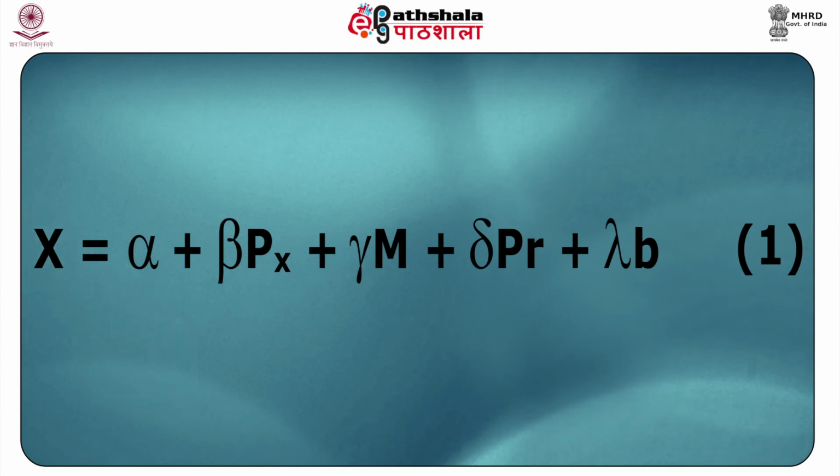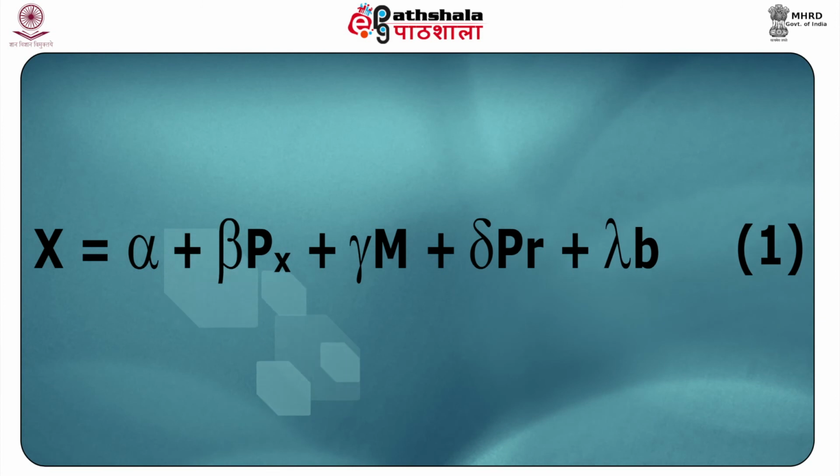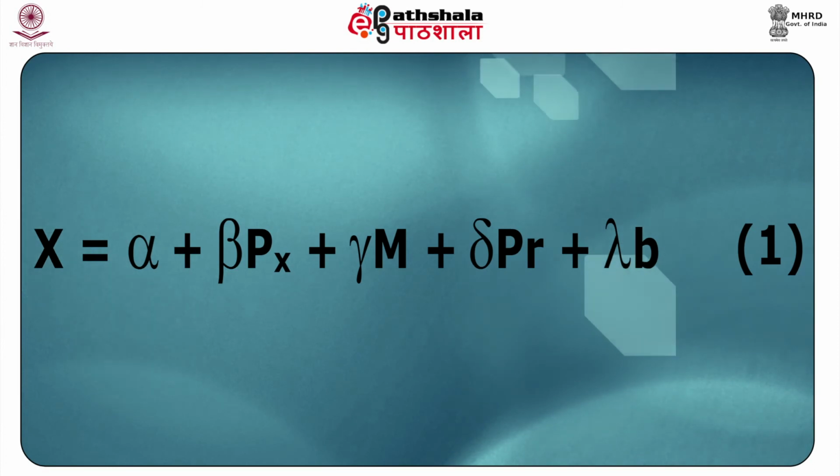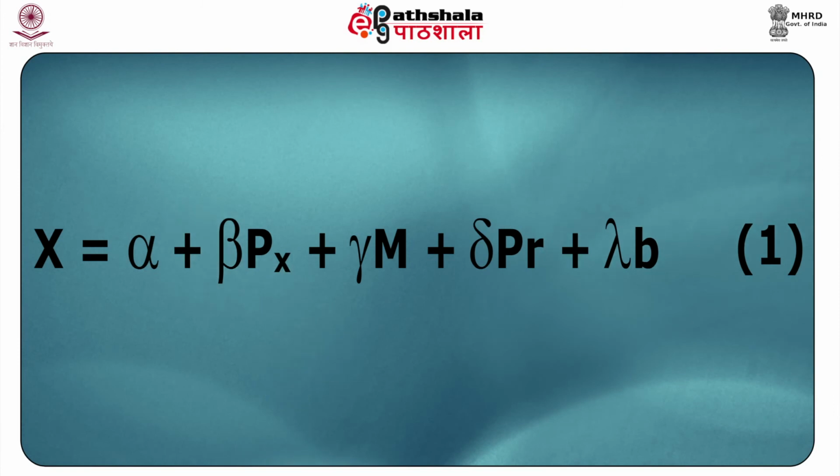Also, gamma measures the change in the quantity demanded when there is 1 unit change in income M. It is positive or negative for a normal or inferior good. Similarly, delta measures the change in the quantity demanded with 1 unit change in the price of related good.